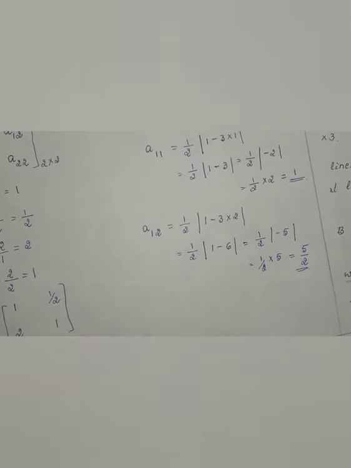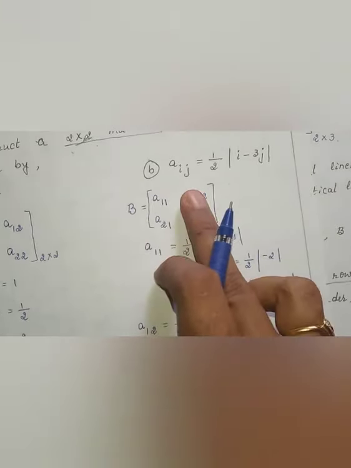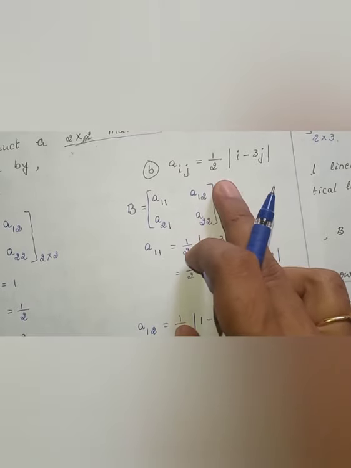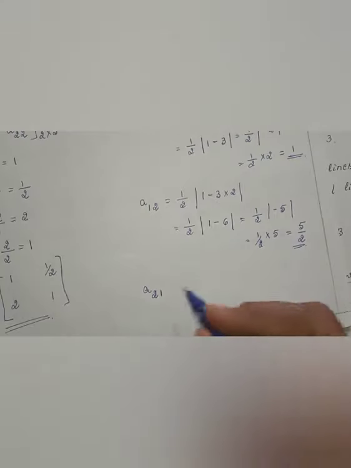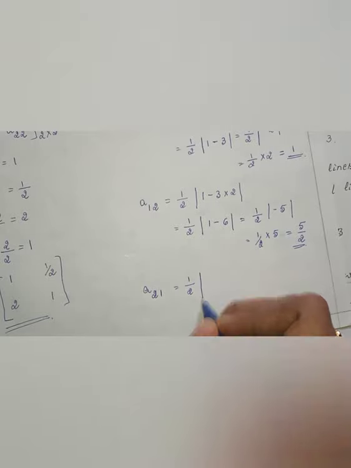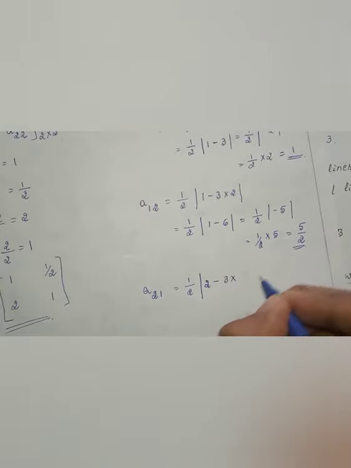So this is A12. The next element is A21. Aij is again 1 by 2 into modulus of i minus 3j. So this is 1 by 2 into modulus of i is 2 minus 3 into j is 1.